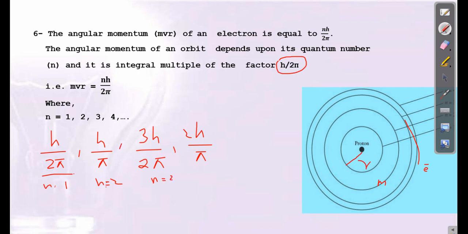This one is angular momentum in n equal to 4. The n's are the energy levels. So first orbit h upon 2 pi, h upon pi, 3h upon 2 pi, 2h upon pi. These are the integral multiples of h upon 2 pi.